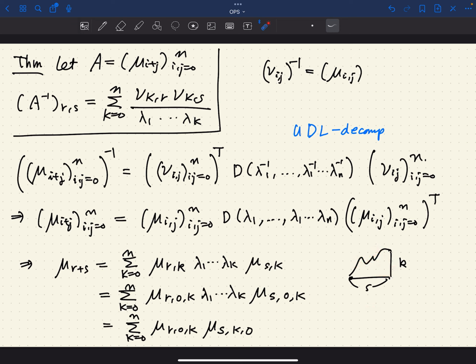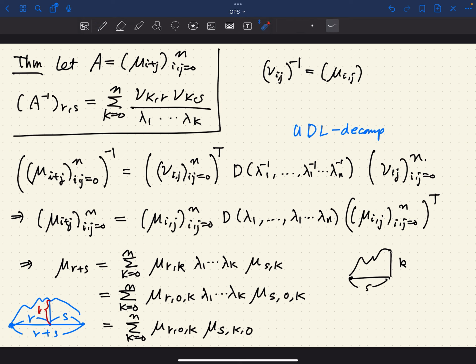But now if you think about it, what does that mean? This part here is like, you have r plus s, starting and ending height both 0. But of course, if you just consider r and s, this k can be anything.